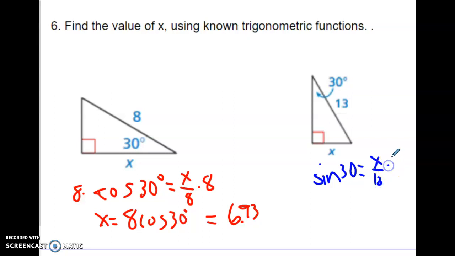Again, I'm solving for x, so I'm going to multiply both sides by 13. I put 13 times the sine of 30 in my calculator that's in degree mode, and I get approximately 6.5. We can round it to the nearest tenth, the nearest hundredth. We're not going to be too picky about that.